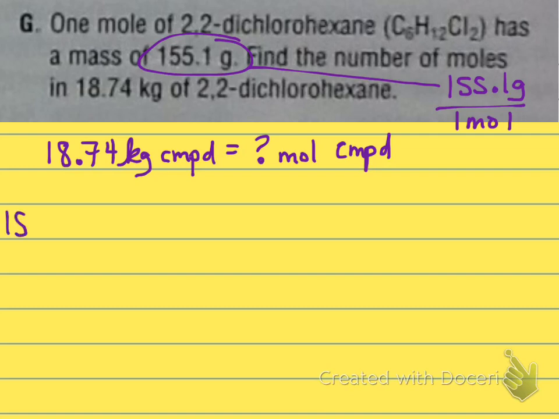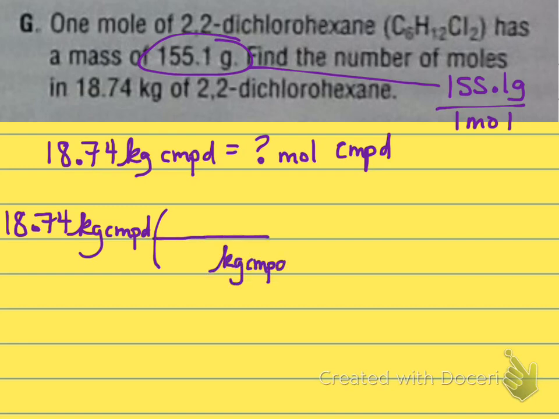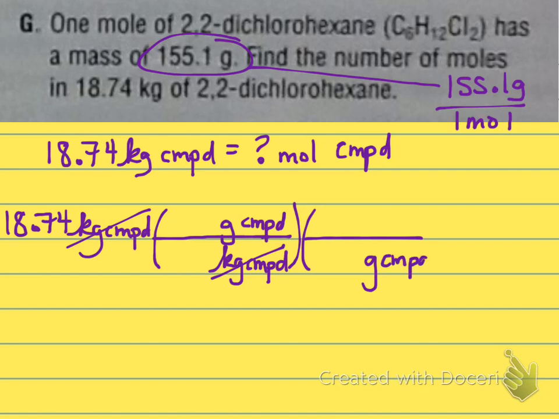So again, 18.74 kilograms of my compound is what I start with. I'm going to convert kilograms of my compound to grams of my compound using the metric system. Then I'm going to use my molar mass of my compound to take my grams of my compound to my moles of my compound.